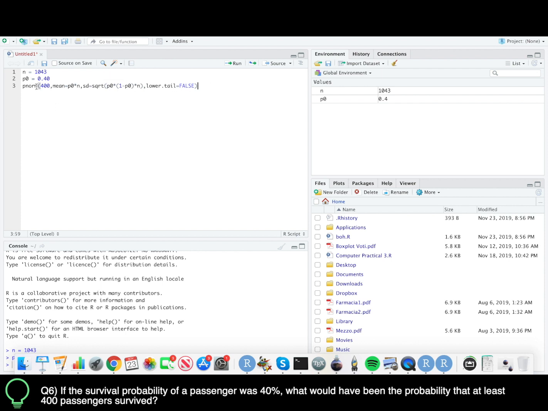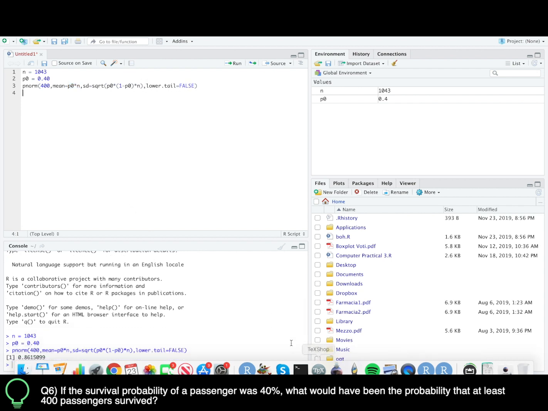The probability for my normal with mean 0.4 times the number of passengers and the corresponding standard deviation is, this should go away. So I'm asked for the percentage, so 86.151%.